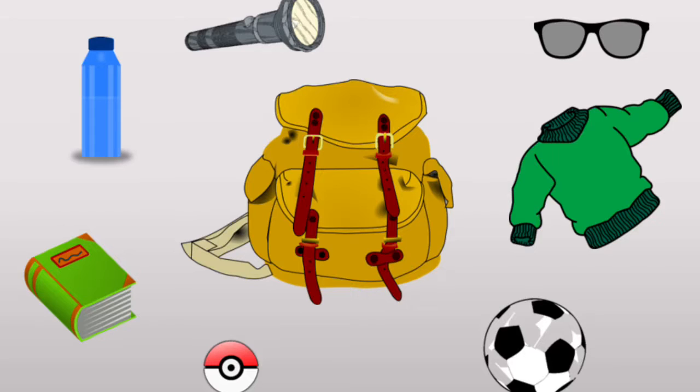The pupils are now going to prepare for a trip and are going to pack the bag with one item each. While they are doing this, they are supposed to say, I will pack the bag with, for example, a water bottle. And then the whole class will say he or she will pack his or her bag with a water bottle. This will continue until the whole class has put one item each in the bag.